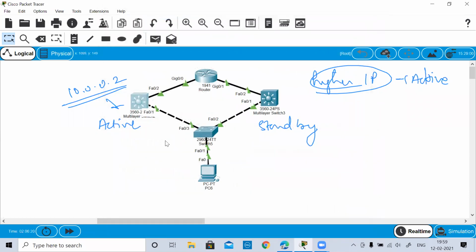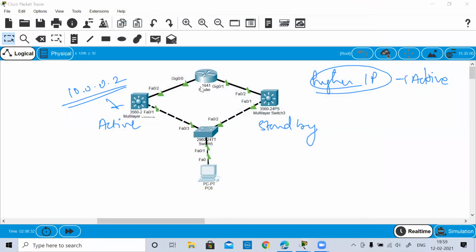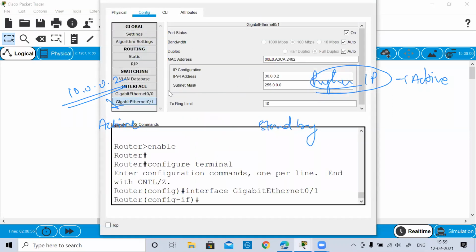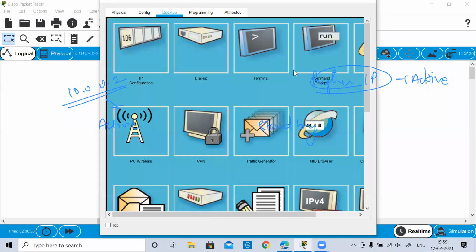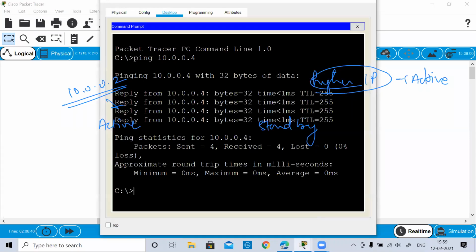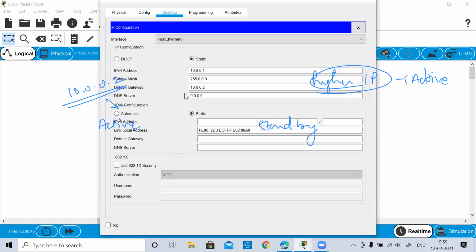So what will happen now, if I have already given the IP to reach this particular router? Let us ping that particular router's IP. What was the IP which we had given here? 30 and 20. Okay, 30. Do you think we will be able to communicate to 30? Because the default gateway which was configured here was 10.0.0.2.